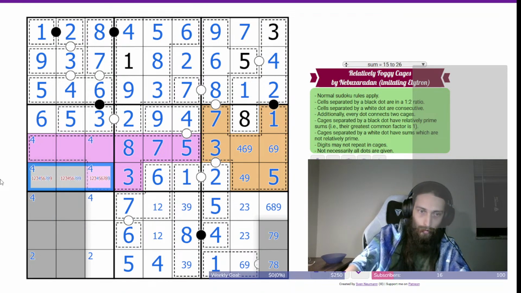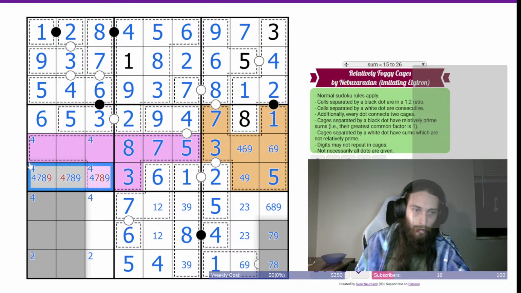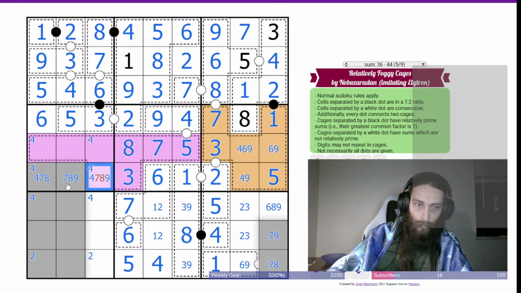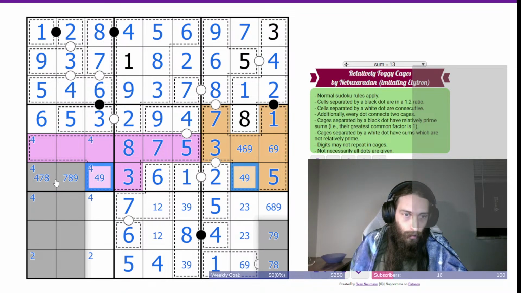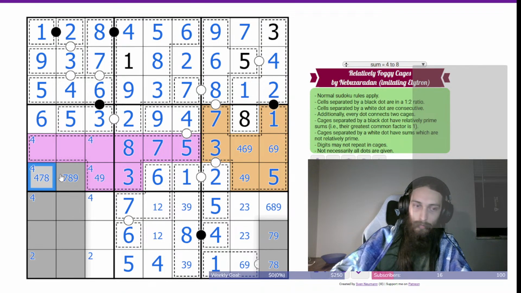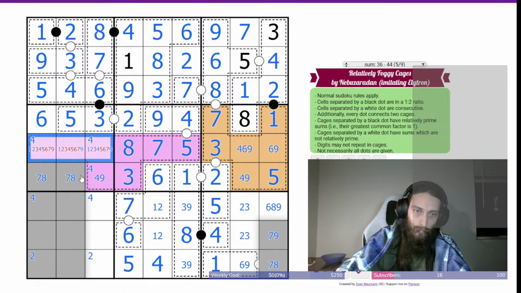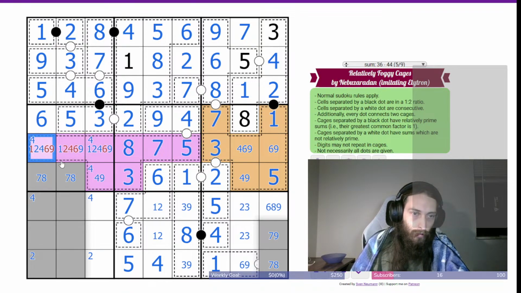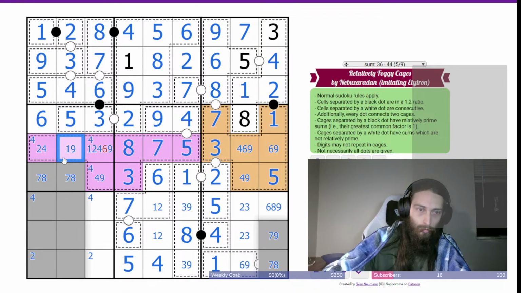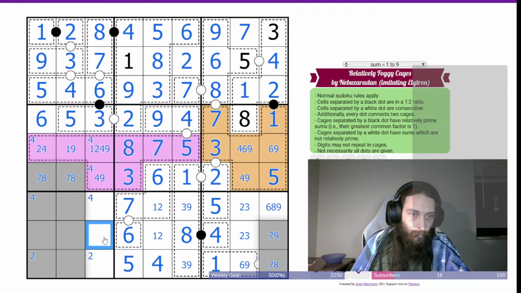Well, let's do this row first. 3, 6, 1, 2, and 5. 9, 4, 7, 8. 4, 9 pair takes out 4 and 9. 7, 8 pair means you're not a 4. 8, 7, 5, 3. 1, 6, 9. 2, 4, 6, and 6.